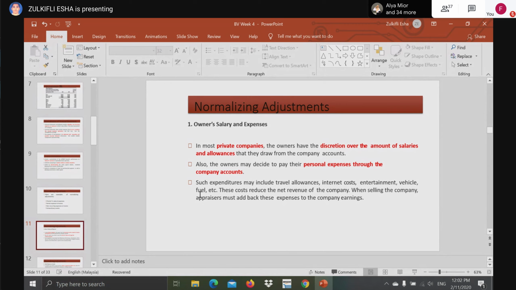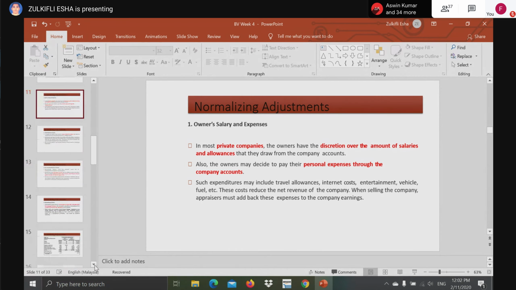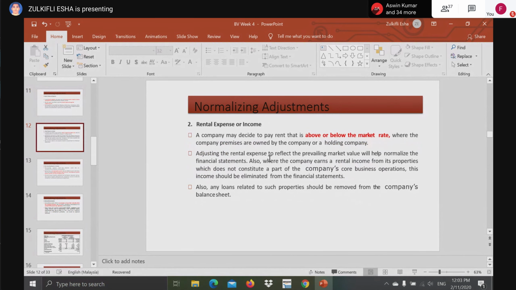The same applies to the owner's personal expenses, so we don't need to spend more time on the same concept. As far as rental expenses or income expenses are concerned, it is also the same concept.